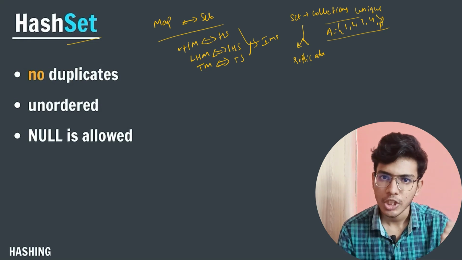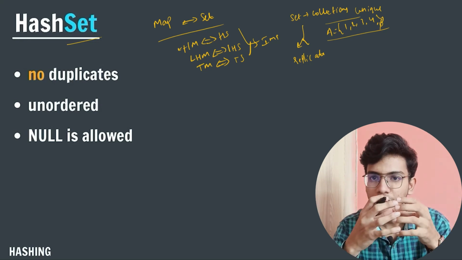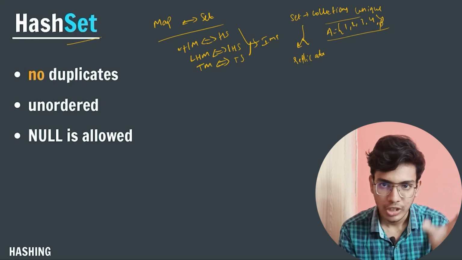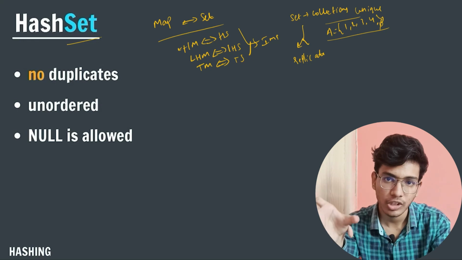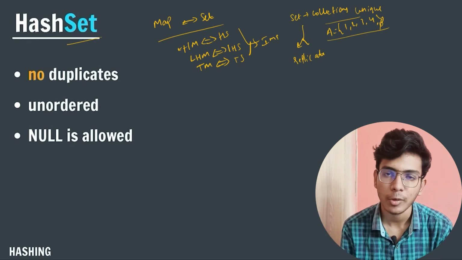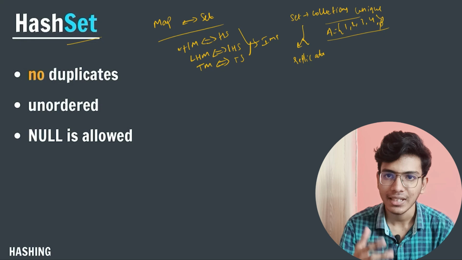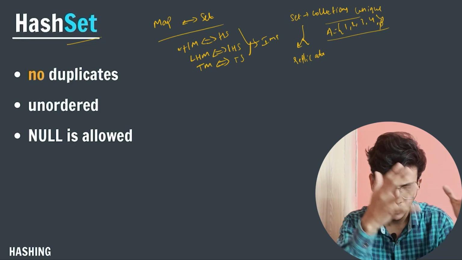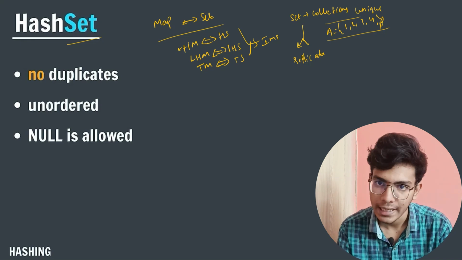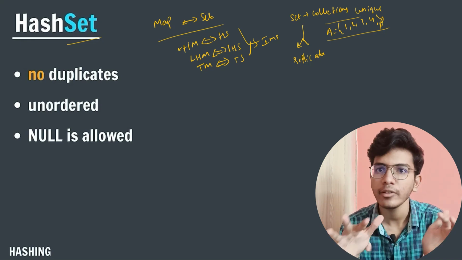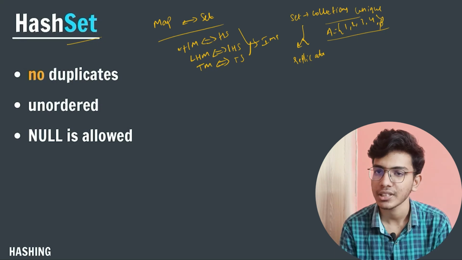So the implementation, the operations, and the time complexity of the three data structures of maps and the three data structures of sets are the same. The only difference is that in a map we use key value pairs to store data, whereas in a set we don't, we just add the elements, that's all.